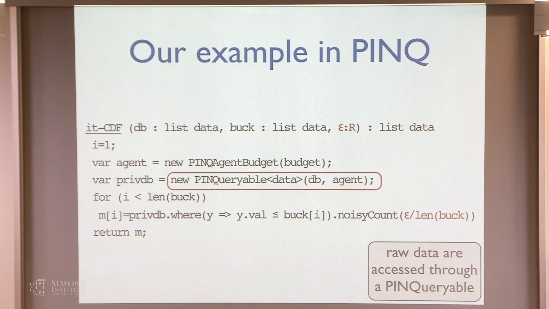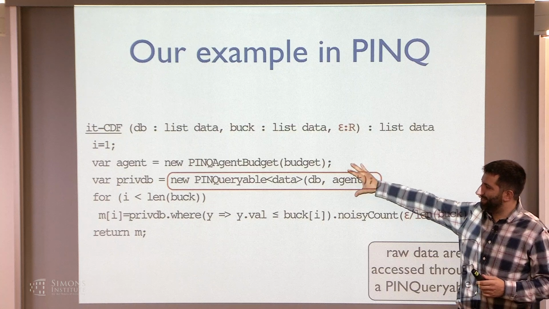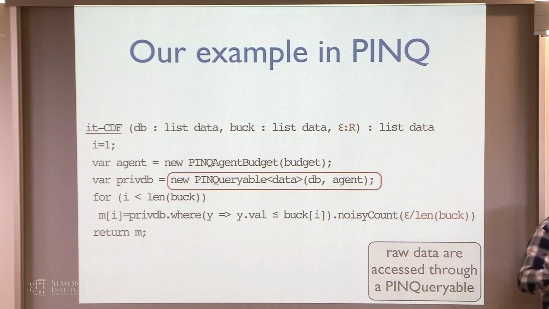We also need to provide mainly the raw data to PINQ. Now, I put this part in this place, but usually this is in a separate part where the application is initialized. So we create an agent that takes care of the privacy budget and a PINQueryable that takes care of the database.